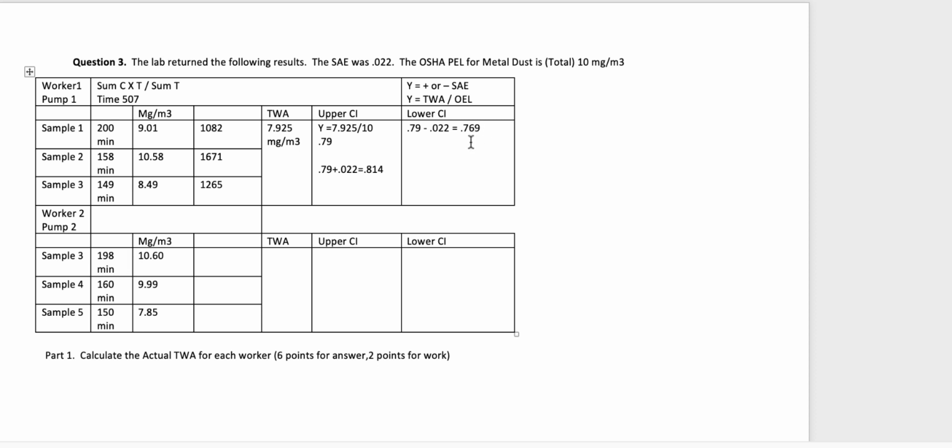And we can see that because both the upper and the lower are less than 1, we are within compliance.